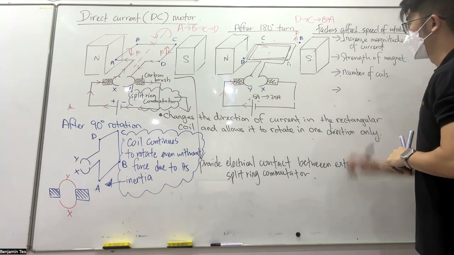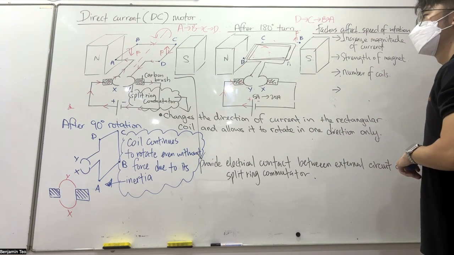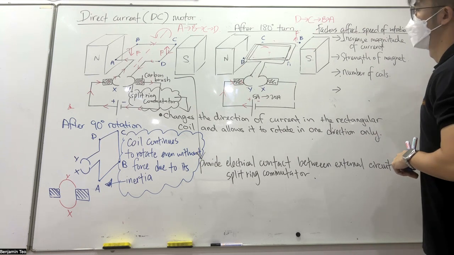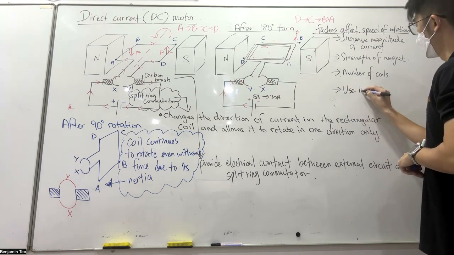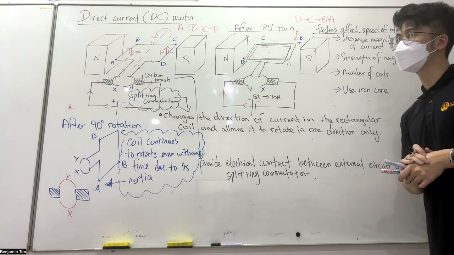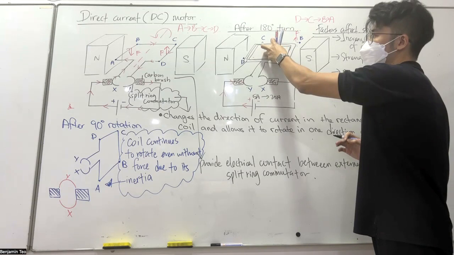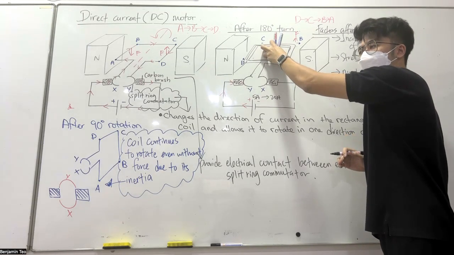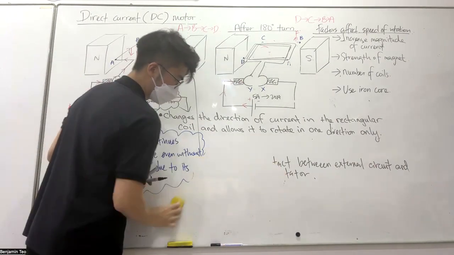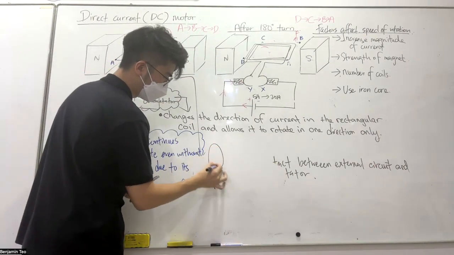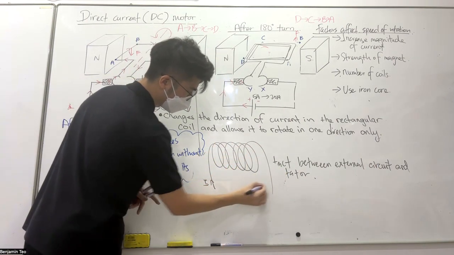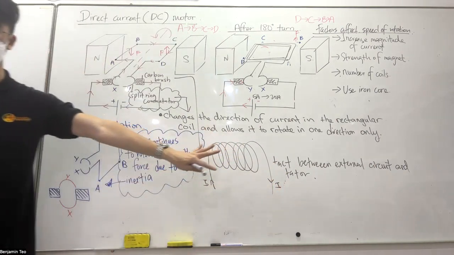Is there any more? Can I give one more? Use iron core. You put iron in the middle of the rectangular coil. It is just like a solenoid. If you take a coil of wire and let current flow, you will have a magnetic field, correct?